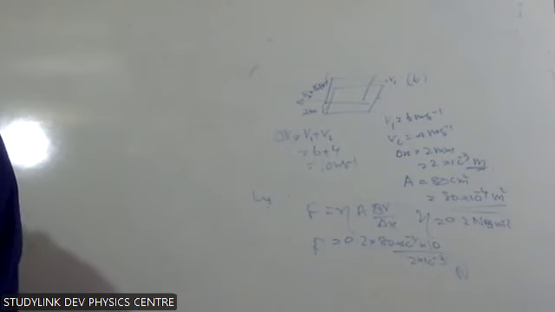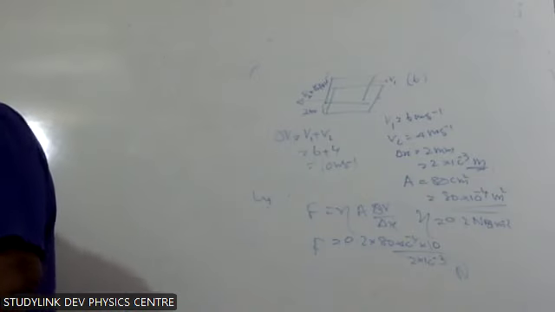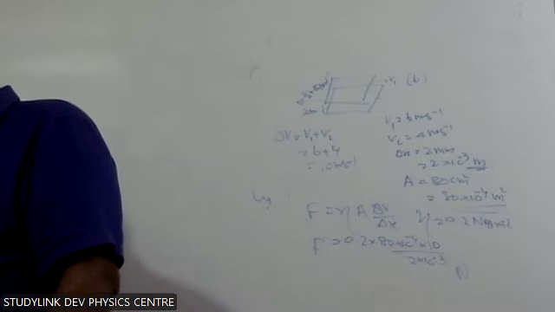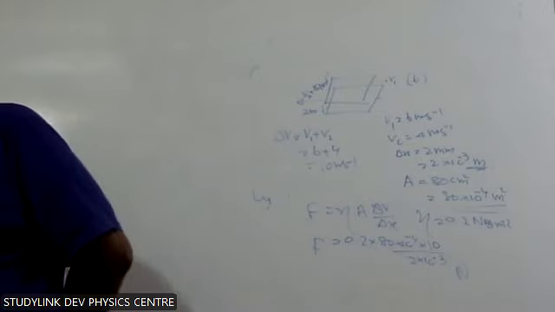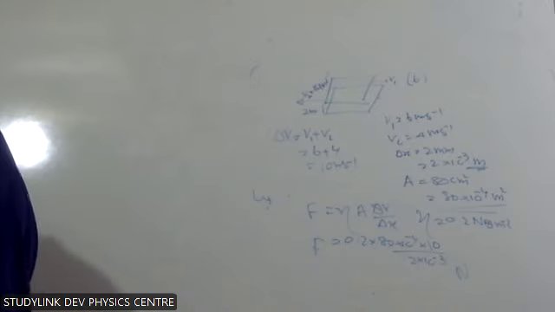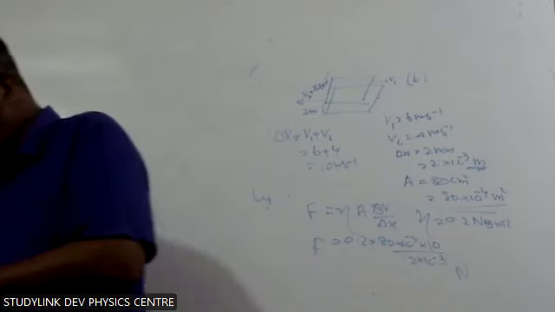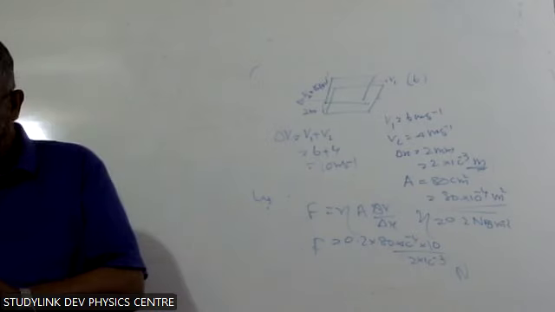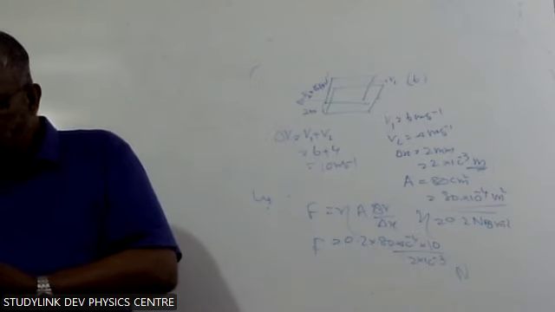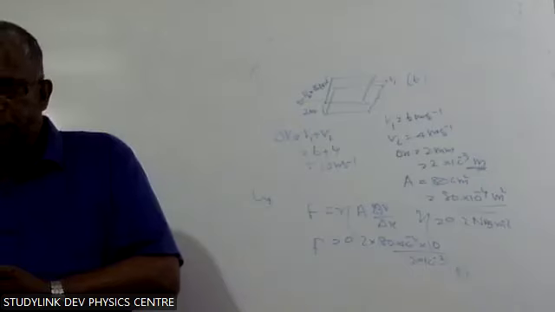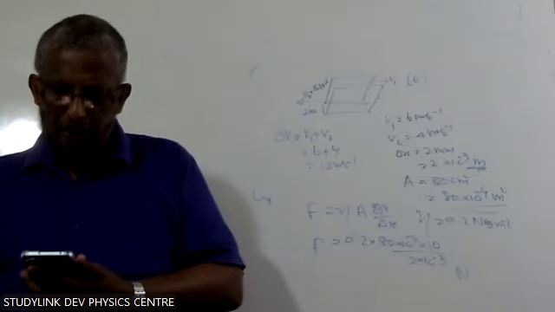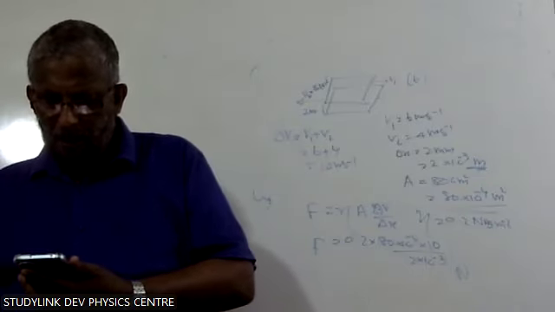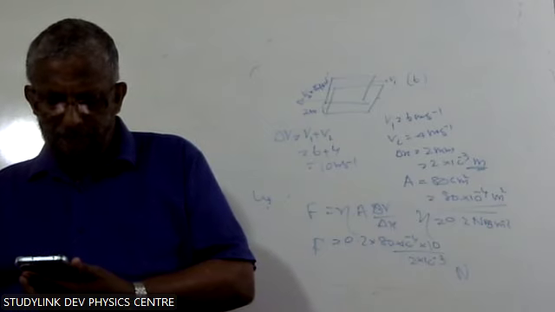A light circular lamina, radius 4 centimeters, is placed above the liquid layer.